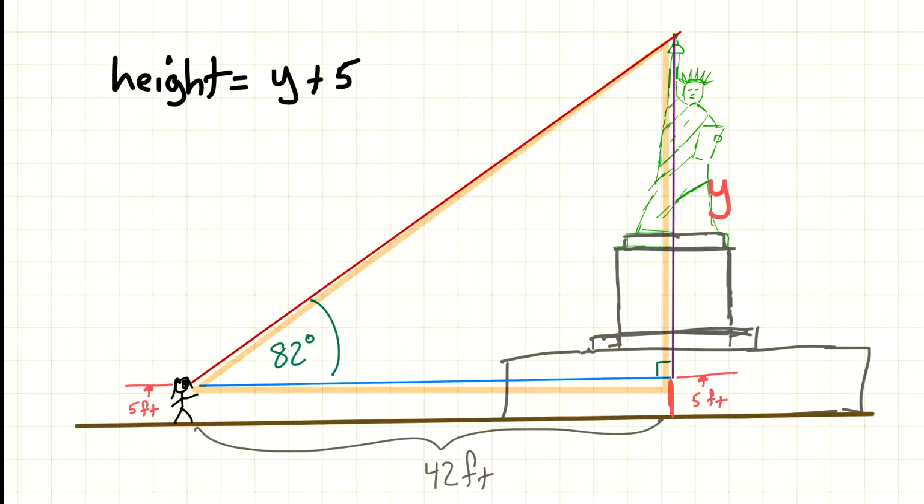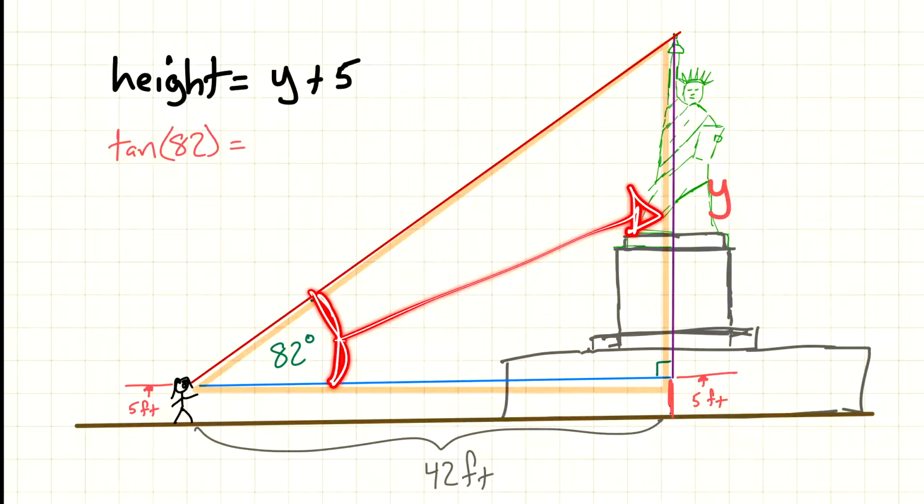So let's start with setting up an equation. I'm going to start with tangent of 82 degrees is equal to, well, this is going to be the y, right? Just like we normally do. Angle, line across.